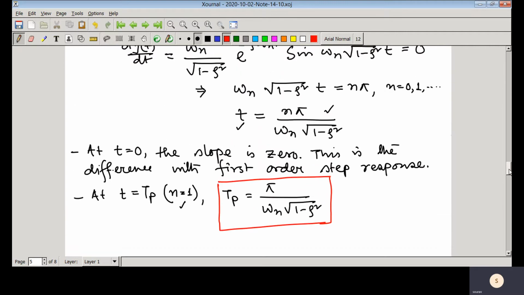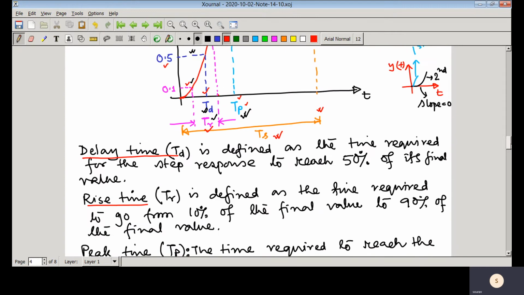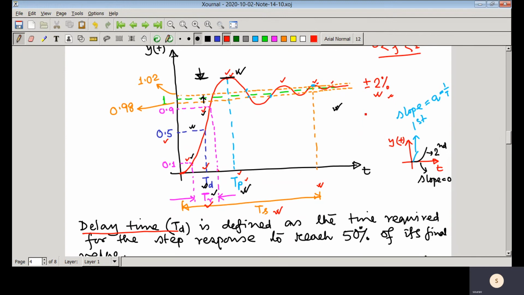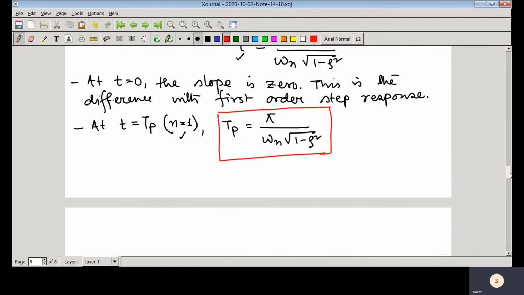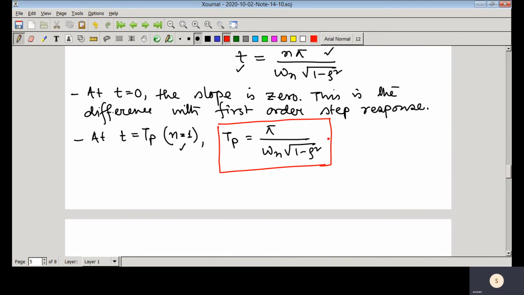Whenever zeta varies from 0 to 1, you have this underdamped response, and that peak time Tp is equal to pi by omega n into square root of 1 minus zeta square. That means whenever a normalized transfer function is given to you, and you know the values of zeta and omega n, you can directly find at what time the first peak occurs.